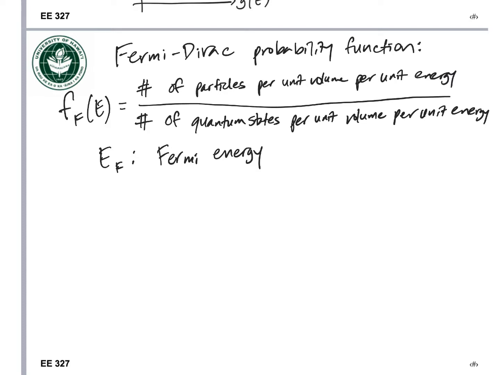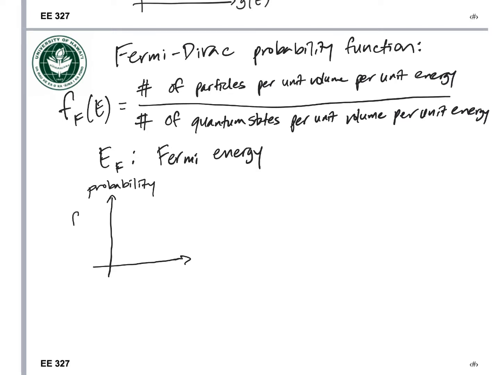It's just a gauge for us. The Fermi energy is a level where, at absolute zero, everything below it is filled and everything above it is empty. Well, let's talk about probability first.